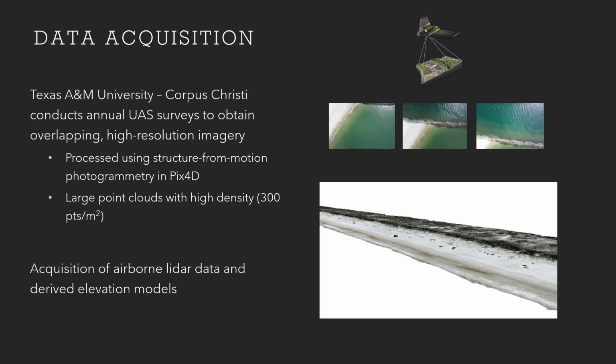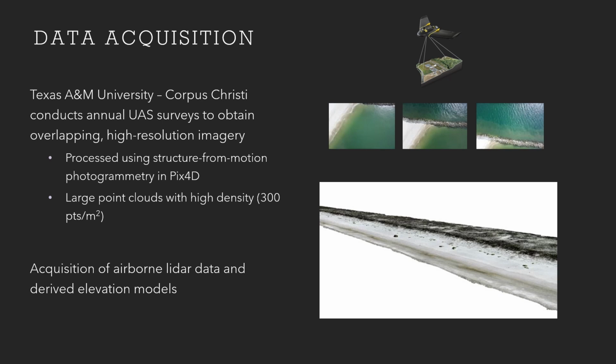And I'm going to start moving into the methodology by discussing the data I'm actually working with. So I mentioned earlier that A&M Corpus Christi, both the Measurement Analytics Lab and Conrad Blucher Institute, go out to the research reserve at least annually to conduct surveys there. So they're collecting terrestrial LiDAR surveys as well as high-resolution imagery with the UAS platform.